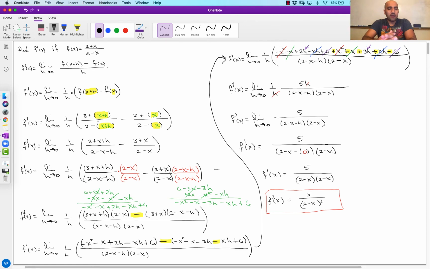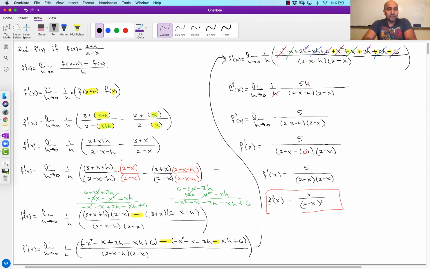Remember, our goal is now to manipulate this in a way so that we can find the limit. We want to simplify it, cancel it, reduce it, multiply by conjugates. We want to combine fractions. We want to do whatever it takes to get to a point where if we replace the h with a 0, we will not be dividing by 0, right? We always start off with an h in the denominator by the definition, so we're always going to start off with that as a problem. If we replace the h with a 0, we're going to be dividing by 0.